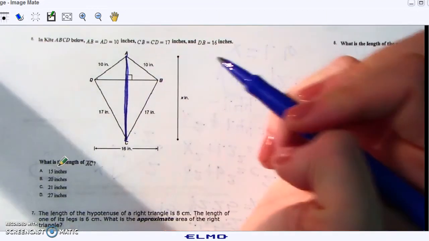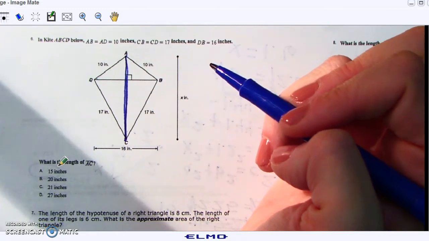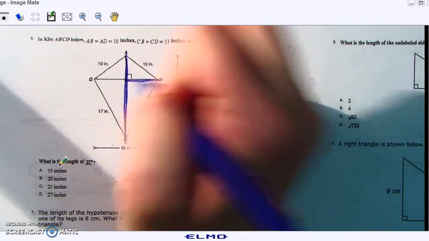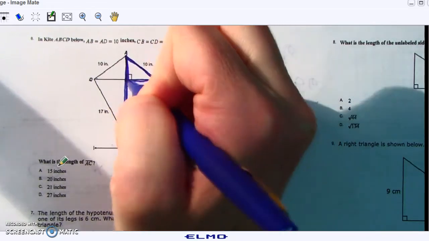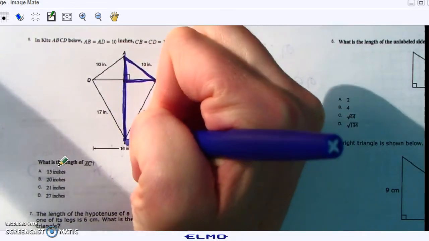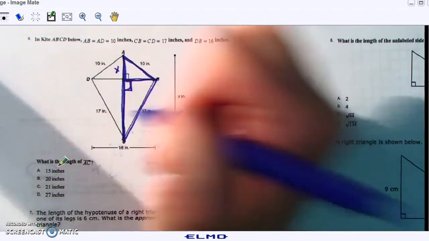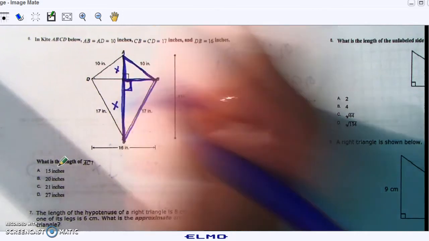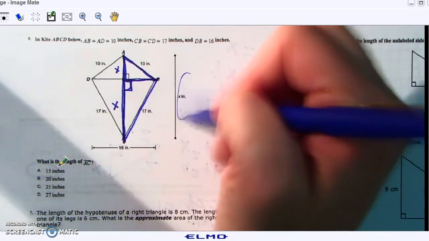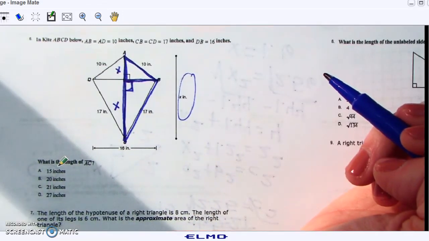So I want to look for a right triangle here. It looks like here's a right triangle, right? And then here's a right triangle. So if I can find the length of this side and I can find the length of this side, add them together, and I'll get the whole length.